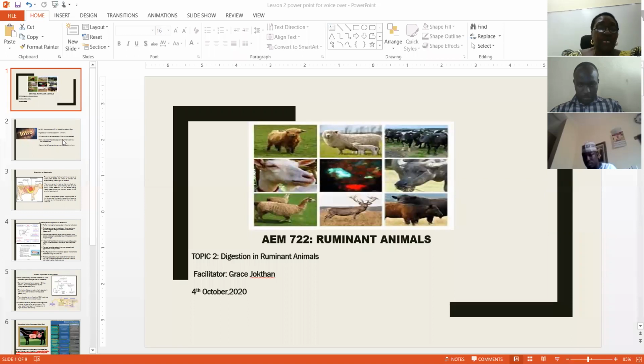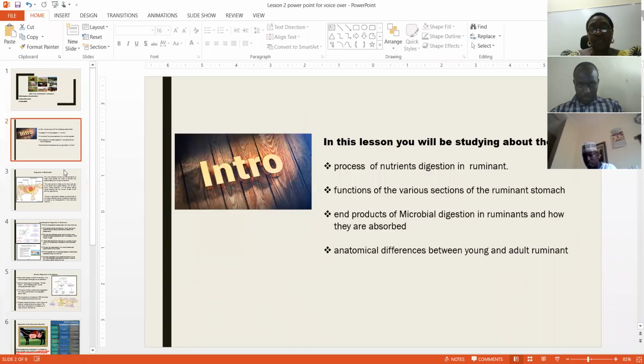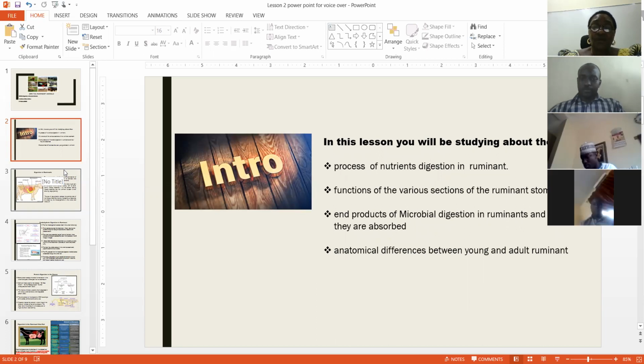But for this class of today, we are going to talk about the digestion process in ruminants. We'll talk about the various functions of the ruminant stomach. We'll talk about the end products of microbial digestion and how they are absorbed. And we look at the anatomical difference between the young ruminant and the mature animal.